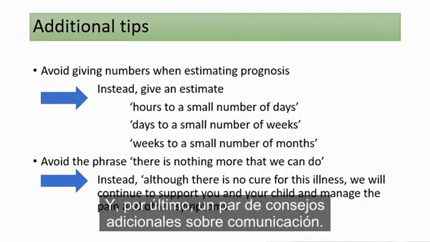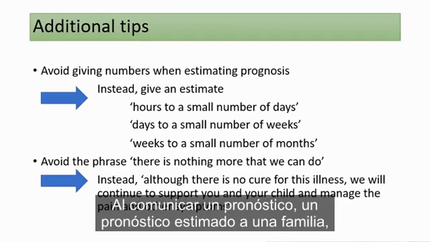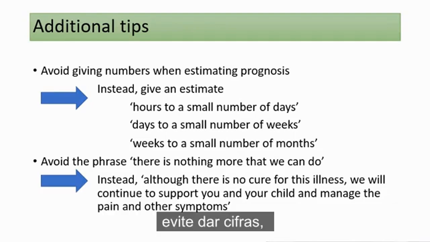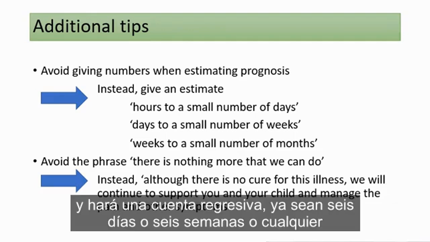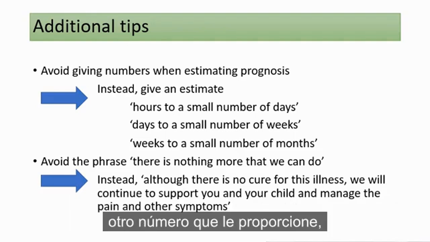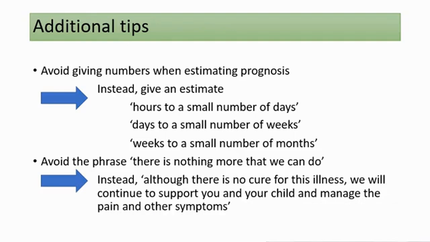And finally, a couple of additional communication tips. When communicating an estimated prognosis to a family, avoid giving numbers. The reason for this is that we know that the family hold on to that number and will count down, whether it's 6 days or 6 weeks or whatever number you give them, and families find it very unhelpful.